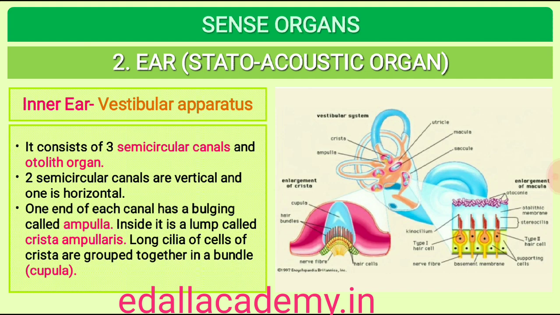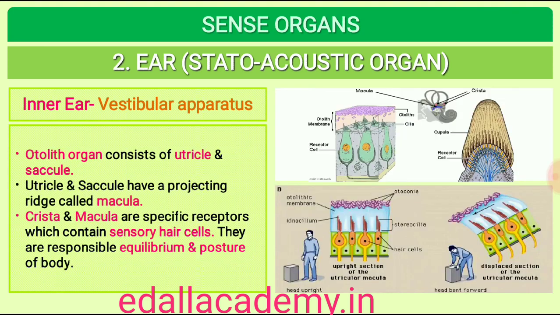The base of canals is swollen and is called ampulla, which contains a projecting ridge called crista ampullaris which has hair cells. The saccule and utricle contain a projecting ridge called macula. The crista and macula are the specific receptors of the vestibular apparatus responsible for maintenance of balance of the body and posture.